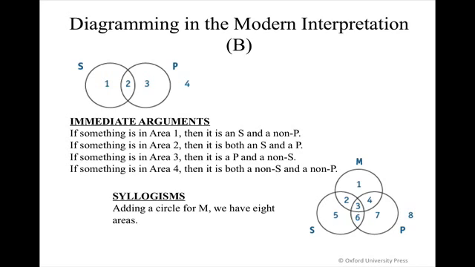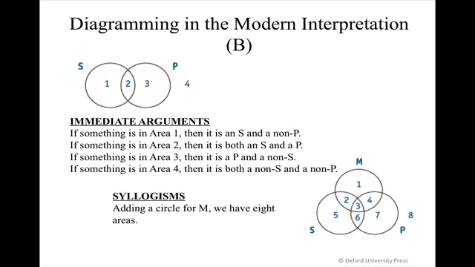So with two classes, there are two circles, but remember, we have not only the major term and the minor term, we also have the middle term. So we have another circle to add to our mix.